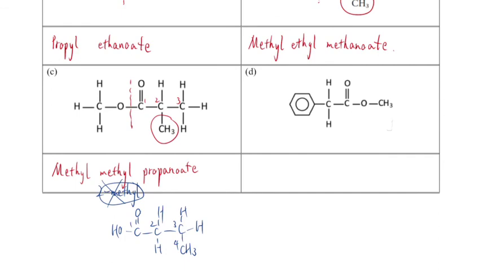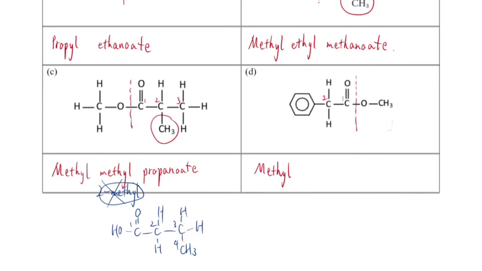Okay, let's take a look at the last example. Again, break it into 2 parts. The alcohol part only has 1 carbon in it, so it would be methyl. And then for the carboxylic acid part, we have just come across this example. We consider it has 2 carbons in it, 1, 2, and then a phenyl group attached to it.